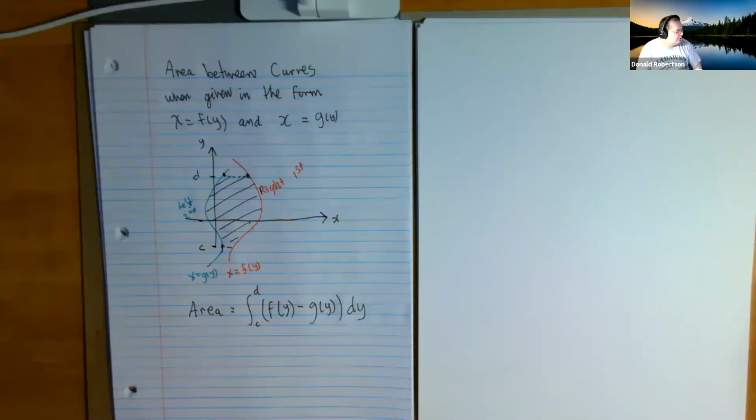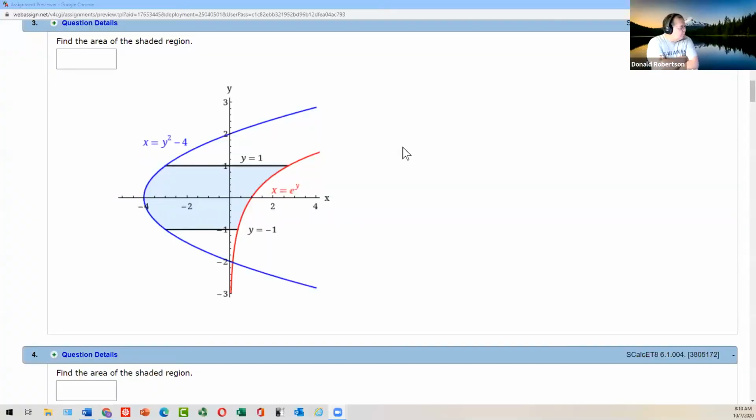So let me show you one of those questions from the homework. Now it's kind of nice if they've drawn the thing because you can see it. It's quite hard very often to draw x equals y squared minus 4 and x equals e to the y.